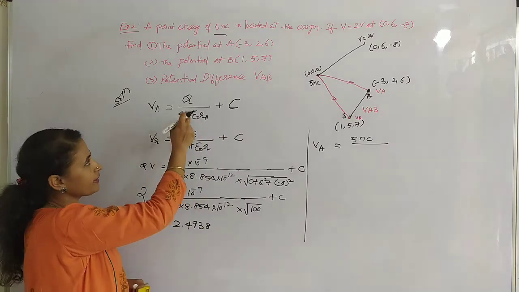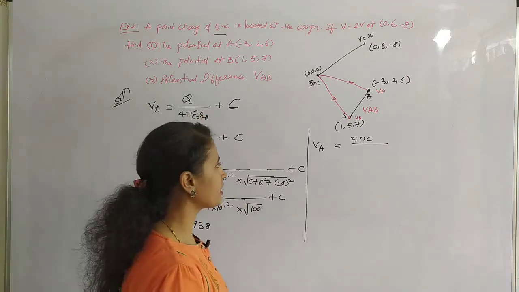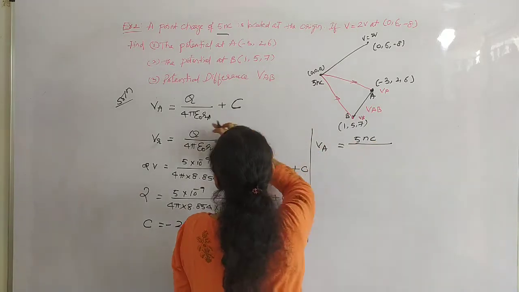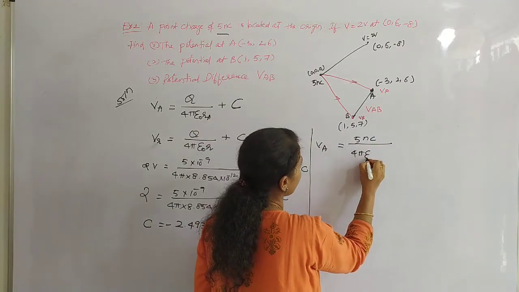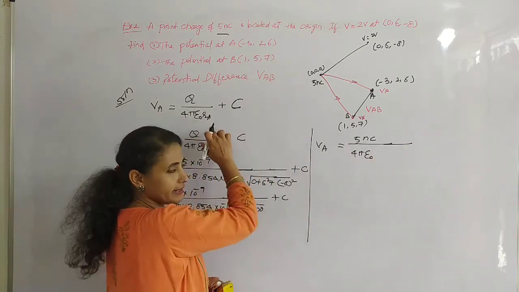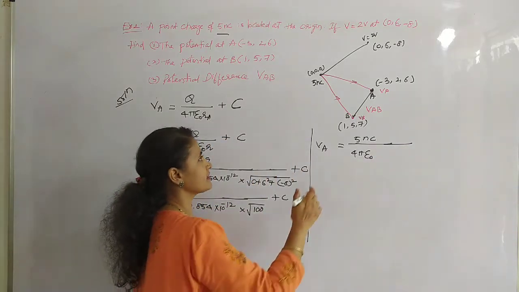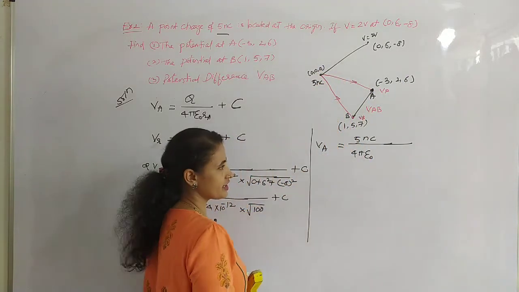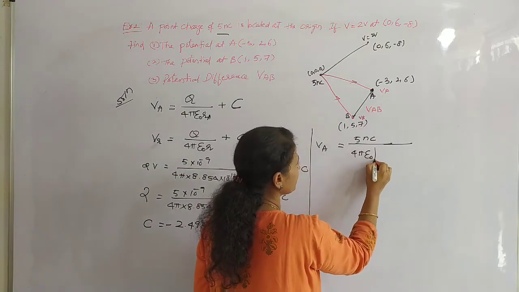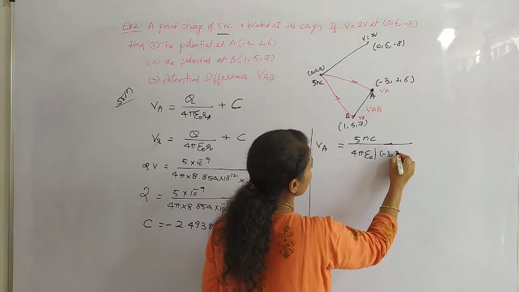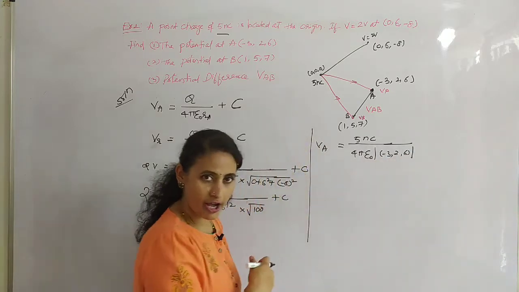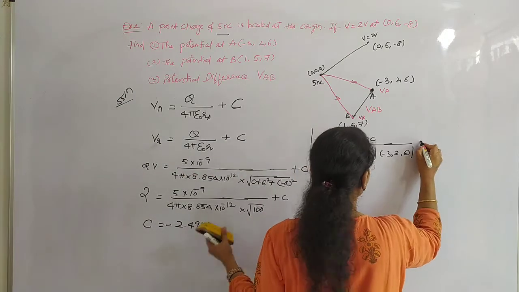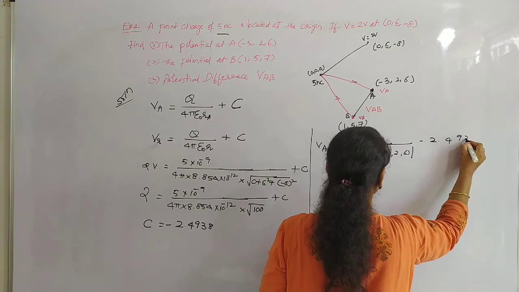VA is given by Q by 4 pi epsilon naught RA. The Q is the point charge of 5 nanocoulombs, and RA is the radial distance at these coordinates with respect to the origin. So I can write the magnitude of minus 3, 2, 6, because it is with respect to the origin only, plus C, where the C value is minus 2.4938.